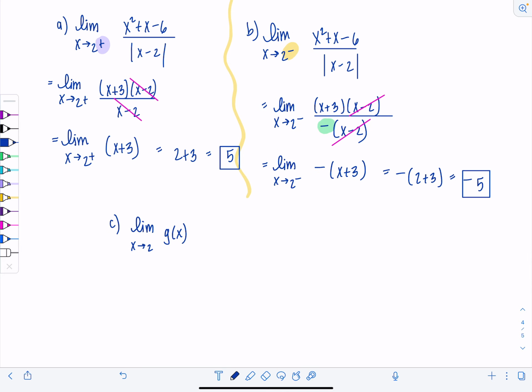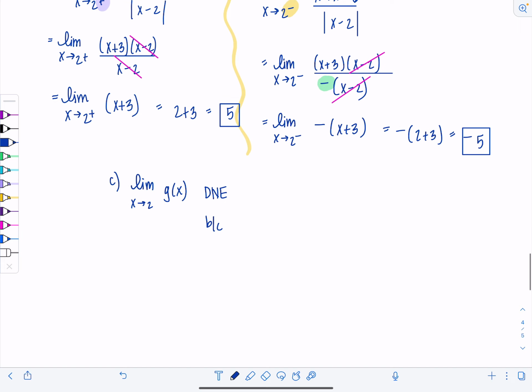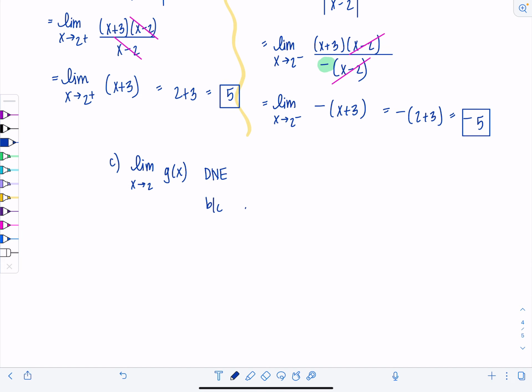One was 5, one was negative 5. So what do we say about this limit? It does not exist. All right. And give them a little justification. Let them know you weren't guessing. You know what's going on. So the limit as x approaches 2 from the right of g of x does not equal the limit as x approaches 2 from the left of g of x. Beautiful.